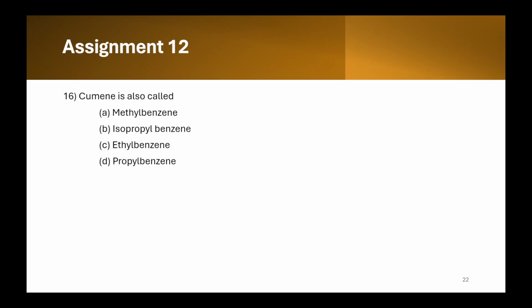Cumene is also called methyl benzene, isopropyl benzene, ethyl benzene, or propyl benzene. If you see, methyl benzene is basically CH3 and benzene. So no, this was not cumene. If you go for ethyl benzene, this is CH2, CH3 with a phenyl group attached.